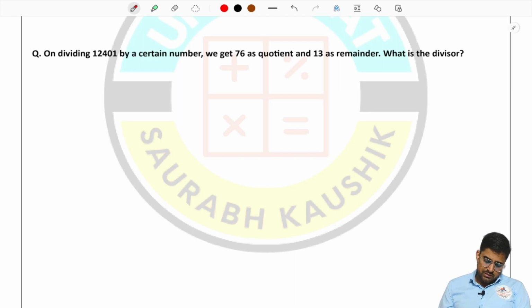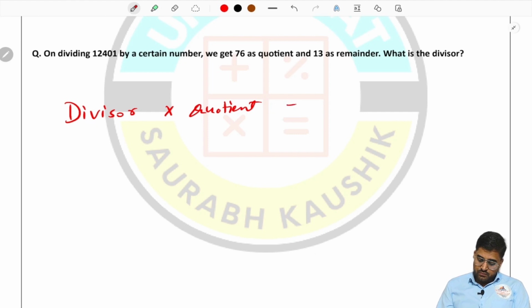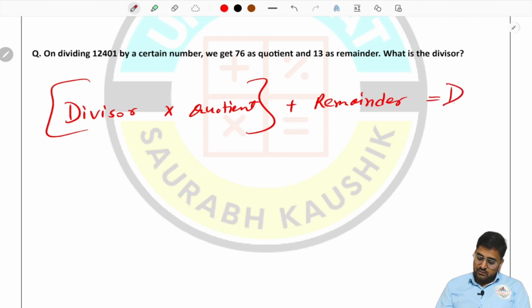It's a very good question. What does the question say? On dividing this number by a certain number, we get 76 as quotient and 13 as remainder. What is the divisor? See, we have studied divisor multiplied by quotient plus remainder is equal to the dividend.